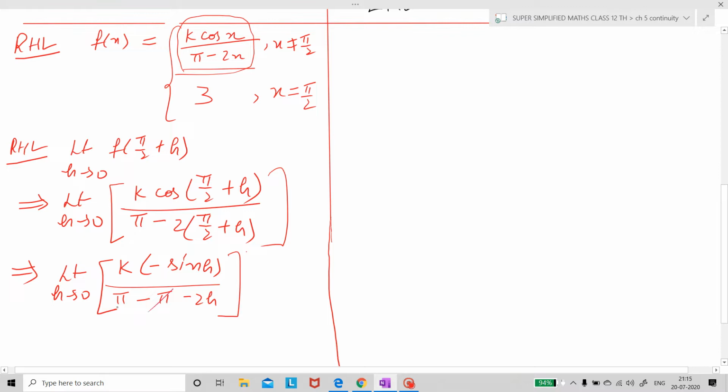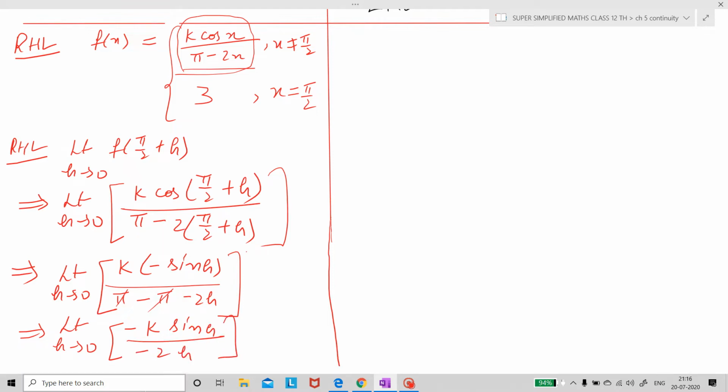So pi and pi also get cancelled, and this becomes limit h tends to 0 of minus k sin h divided by minus 2h. Here also I can cancel minus with minus, and I can take k by 2 outside the bracket.